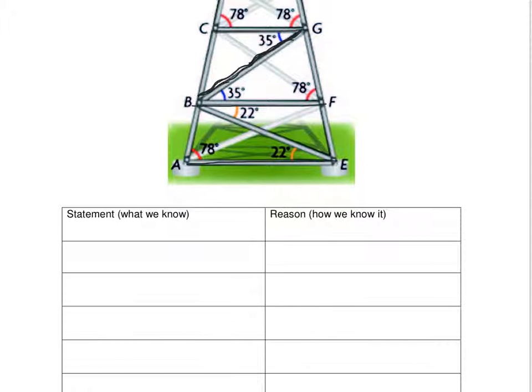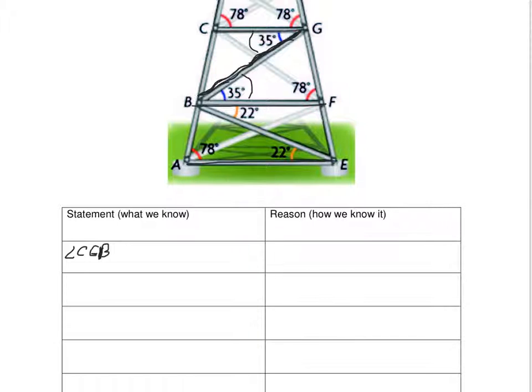Looking at line CG and BF with the transversal BG, we can see that there's two angles in the corners of the Z that have a measure of 35 degrees, and they are alternate interior angles which are equal. So angle CGB, and when you're naming an angle using the three letters, the middle letter is always the one where the vertex of the angle is, or that pointy part, the corner of the angle.